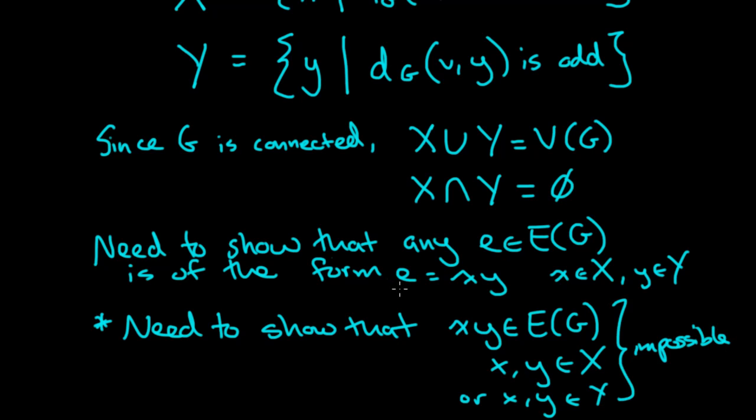That's what we want to show. We want to show that every edge is of this type. In other words, there are no edges that go between vertices in set X or between vertices in the set Y. So let's go ahead and do that.